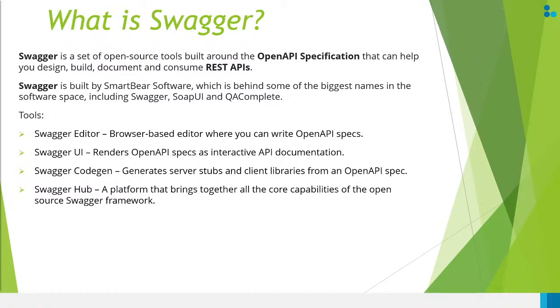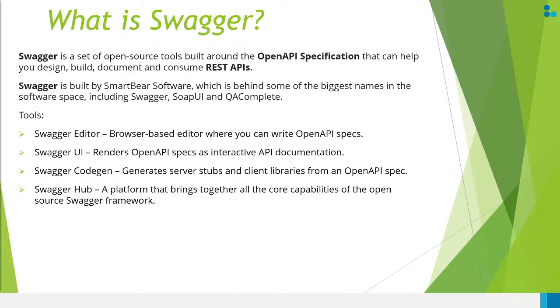It was built by SmartBear Software, which is behind some of the biggest names of the software space like Swagger, SoapUI, and QAComplete. These tools are very useful. I think everybody here already knows how powerful SoapUI is for us developing using REST services or even SOAP services.